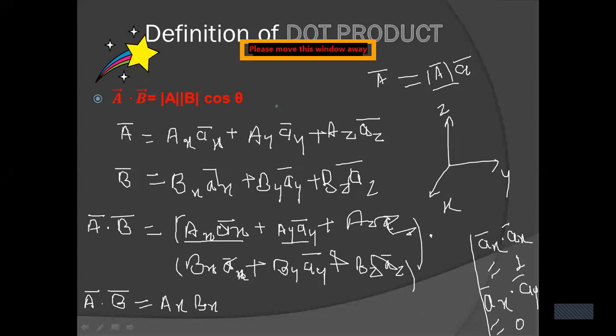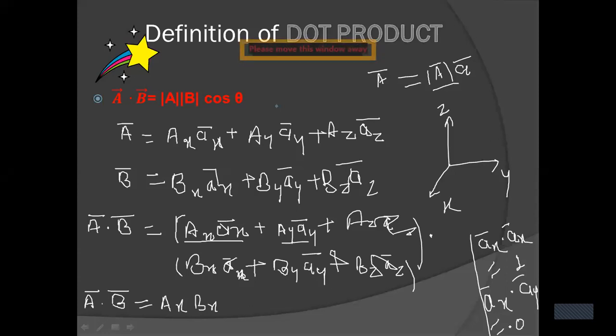If I multiply this term by a bar y, then it will be ax by, but a bar x dot a bar y is equal to 0 because two different unit vectors are there.